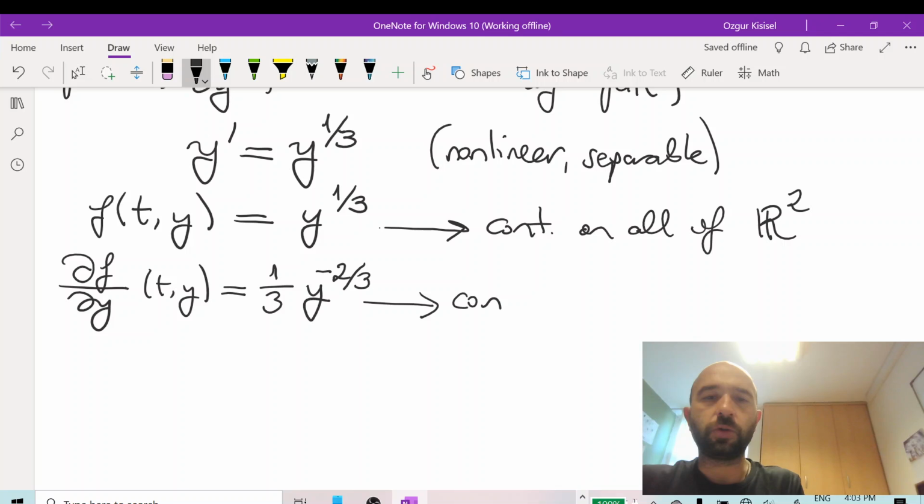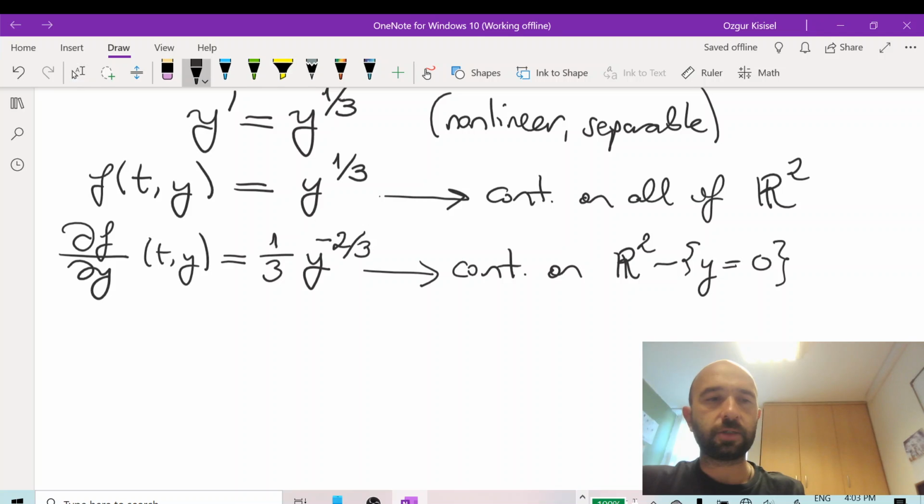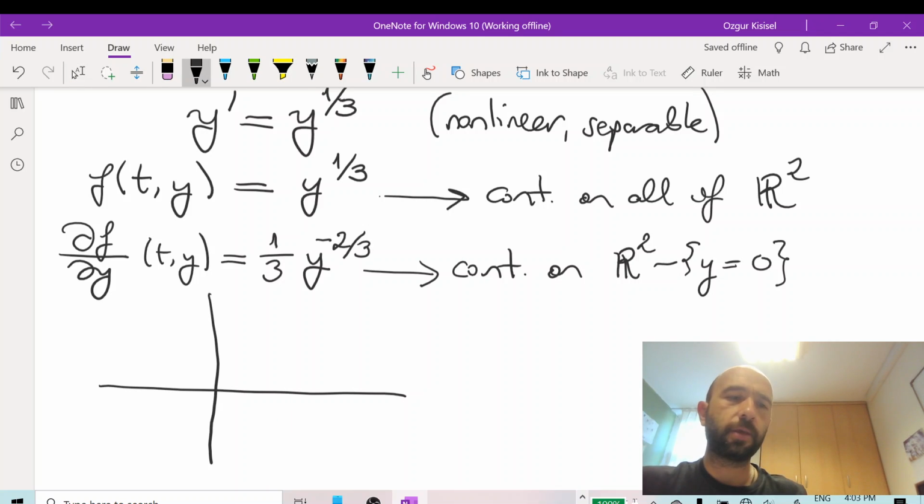So this is continuous on R2 except the line y equals 0. So if you want to draw your rectangles, you should not include y equals 0.